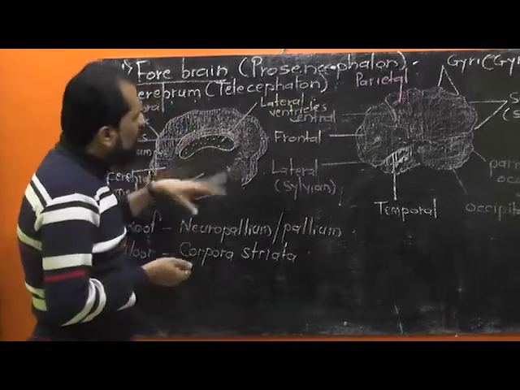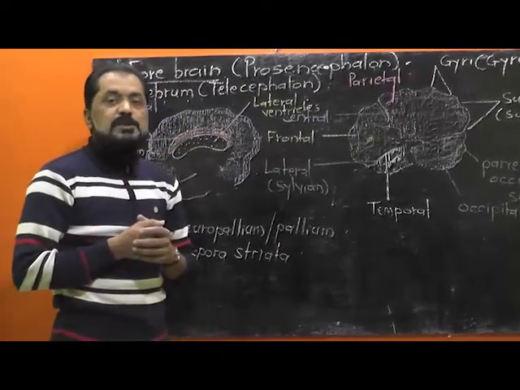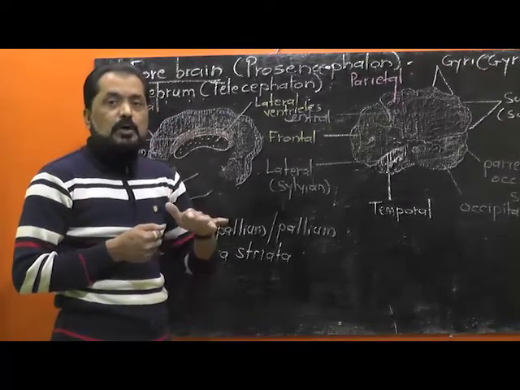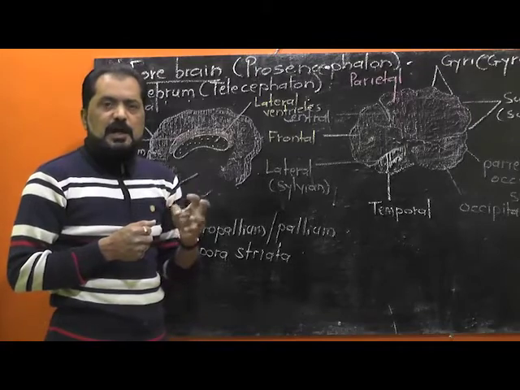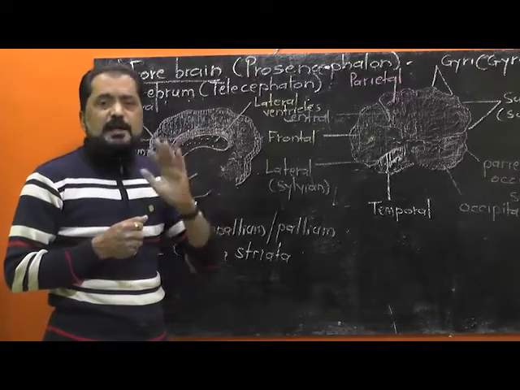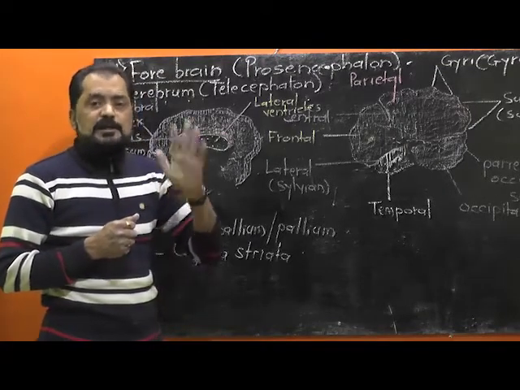Actually, in the floor of cerebral hemispheres, in the floor of cerebrum, there is the presence of many large masses of gray matter embedded in the white matter.